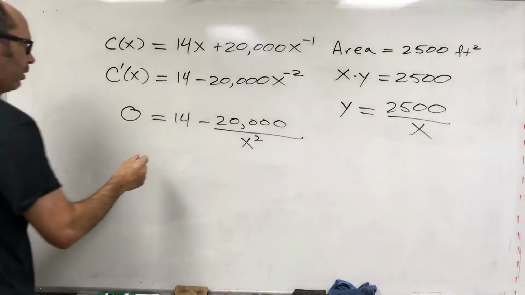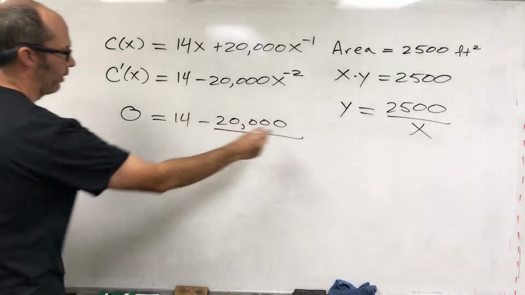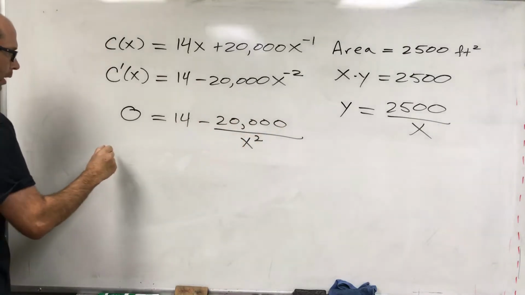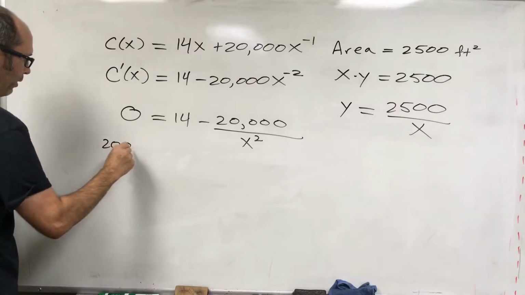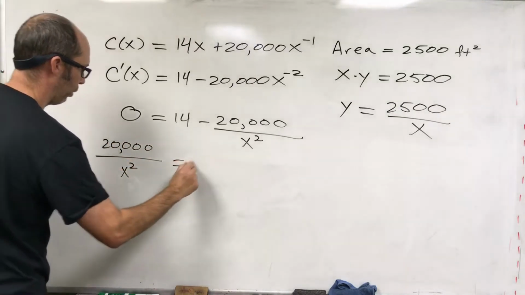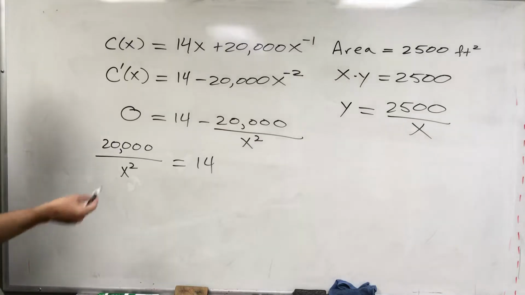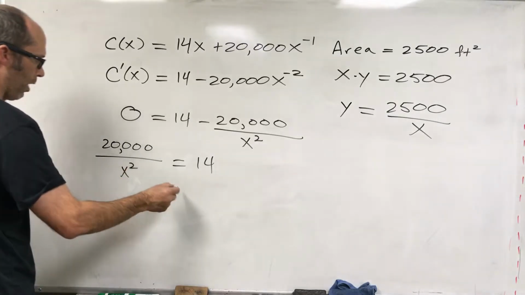Okay. All right, so we're minus that, so let's move it all over here. So minus that, so we'll add this over here. So we'll have 20,000 over x squared equals 14. All right, at this point you can use the cross multiply thing.